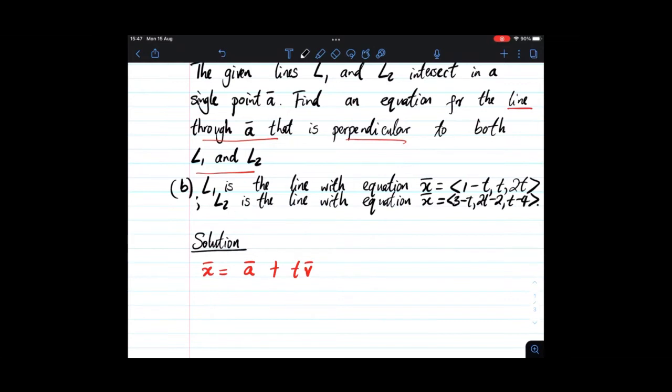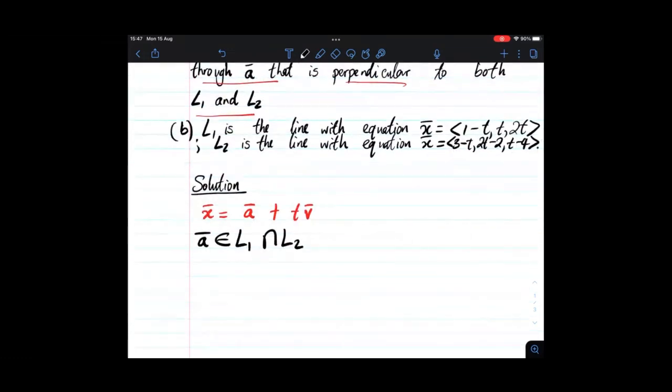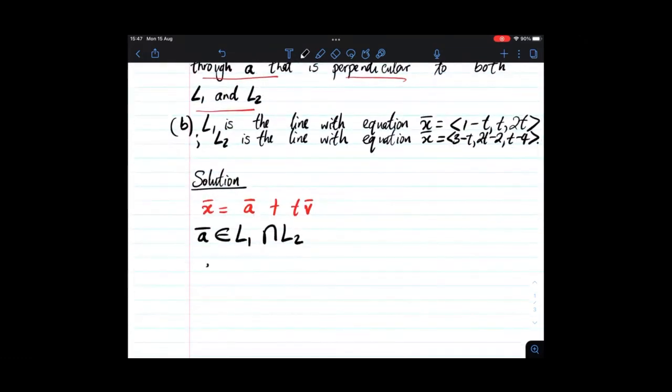So what do we say? So we know that A is in the intersection of L1 and L2. So what does that mean? That means that A can be written as 1 minus t, t, and 2t there, right? That's what it means to be in L1.